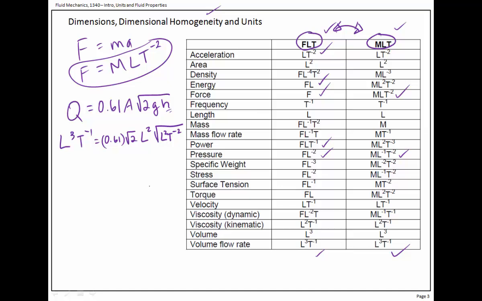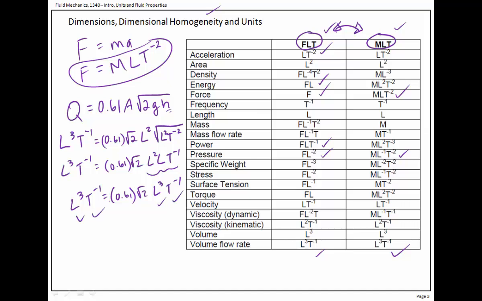Taking the square root, it ends up being L t to the minus 1, and we bring down that L squared. We still have the coefficient 0.61 and the square root of 2. And lo and behold, when we put those together, we have L cubed t to the minus 1 equals L cubed t to the minus 1. We take a look and say, okay, it's dimensionally homogeneous.